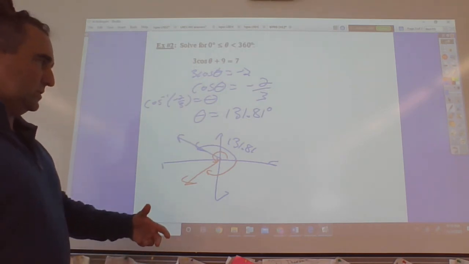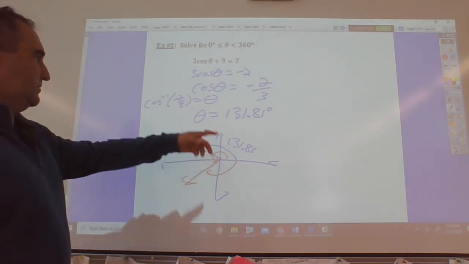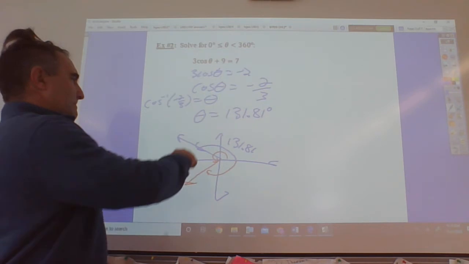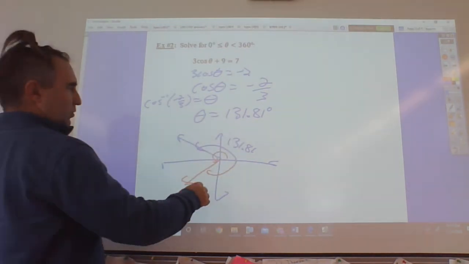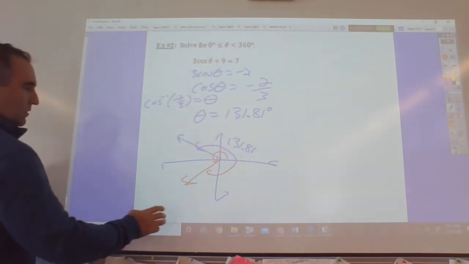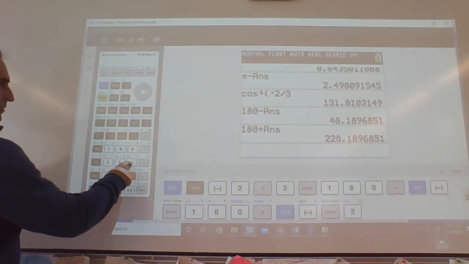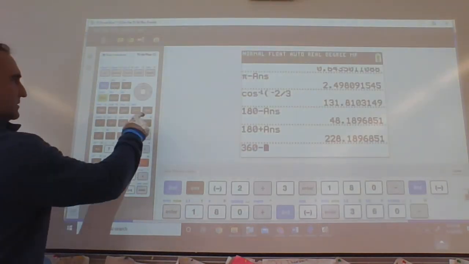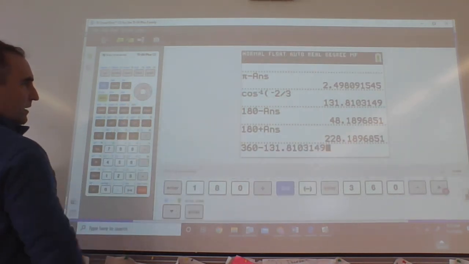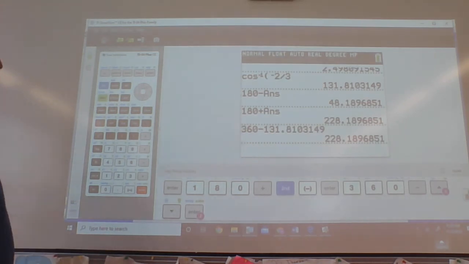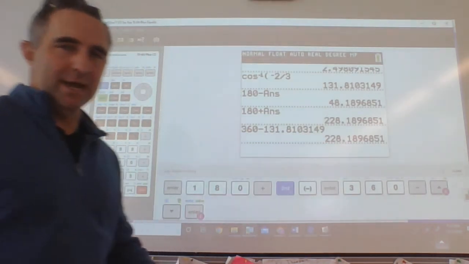So we could do the entire circle minus this portion, and it's going to leave us with what we're looking for. So 360 minus that. And you're going to get that exact same answer.